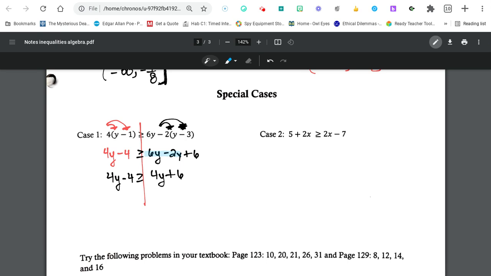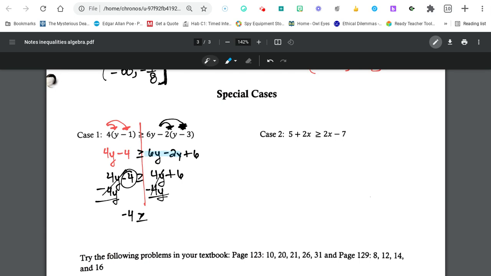And you should be able to tell. Some people will say, oh, that's no solution. Well, you don't know that yet because you got to read the inequality statement. It's not an equal sign in between them. So what I'm going to do is get rid of the 4y from one side. But what happens is I actually succeed in getting rid of it from both sides. And what's left on this side is a negative 4.